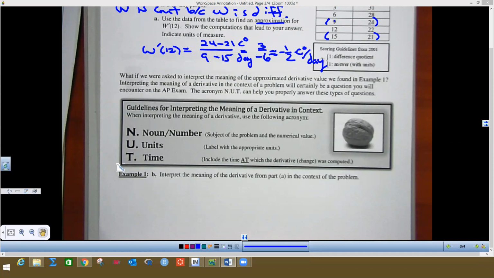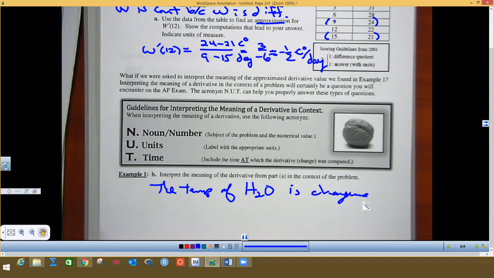So we want to say the temperature of the water is changing by about, I'm going to use the word about, if you don't put about, it's okay, negative 1/2 degrees Celsius per day at t equals 12.